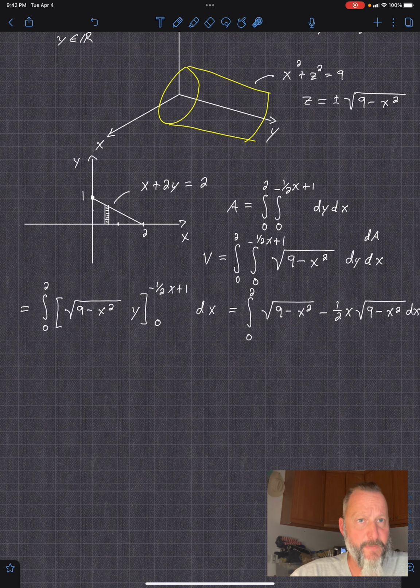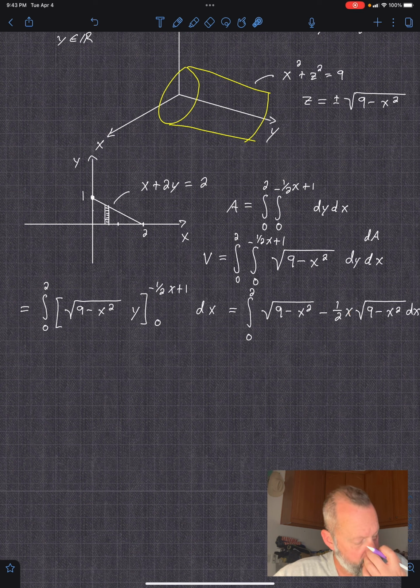And so this first one here has got to be a trig substitution or something like that. This one is just your u substitution because you have the x on the outside.